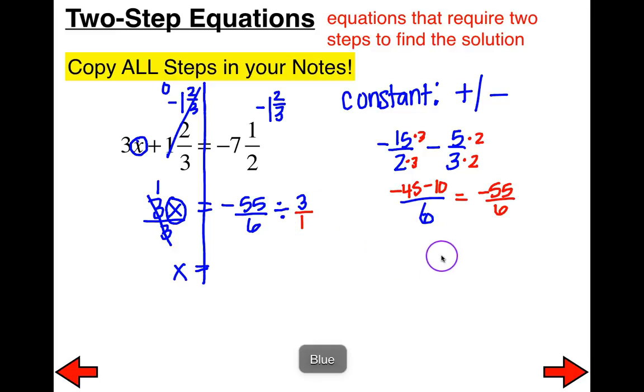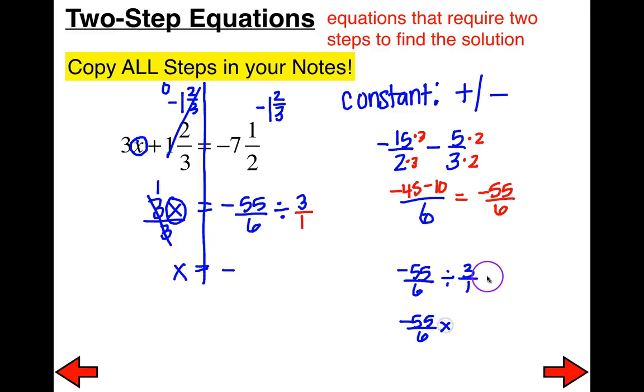So off in my side work, I'm going to go ahead and compute this. Before I do, I'm going to decide that a negative divided by a positive is a negative. So now you have negative 55 over 6 divided by 3 over 1 is equivalent to negative 55 over 6 times, because we're changing it, the reciprocal, which means now I'm multiplying by 1/3.